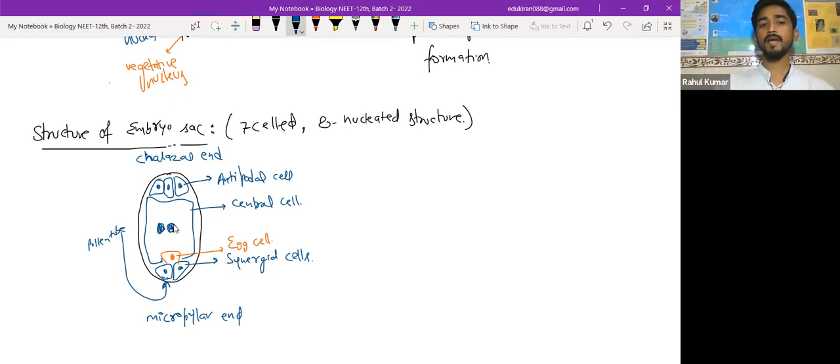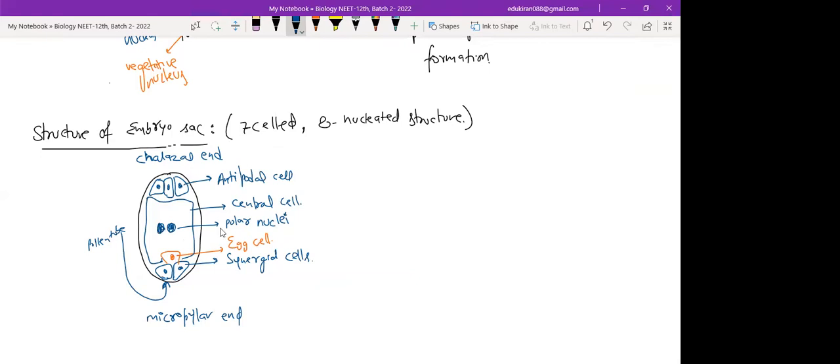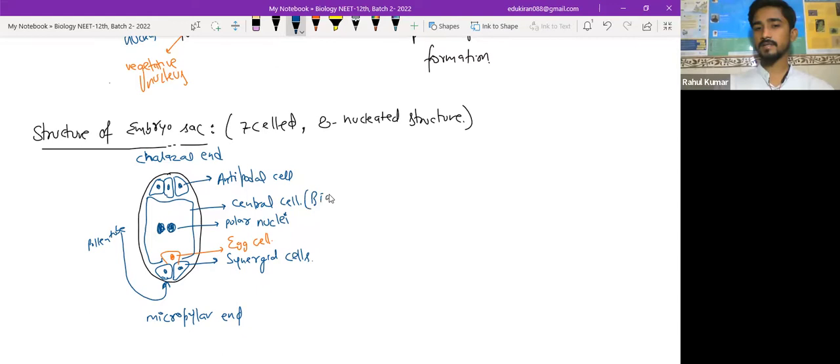So it is binucleated, and these 2 nuclei are called polar nuclei. Now it's plural. Polar nuclei, correct? Now there are 2 independent nuclei. So the central cell is the biggest cell, and it has 2 nuclei. Okay. Yes or no? Yes.